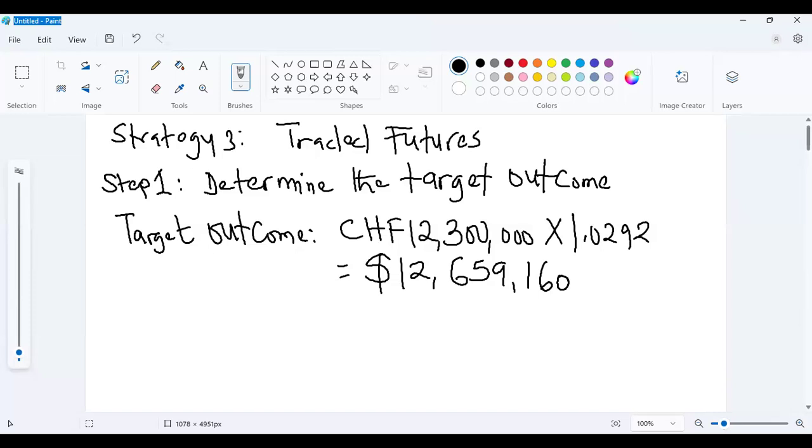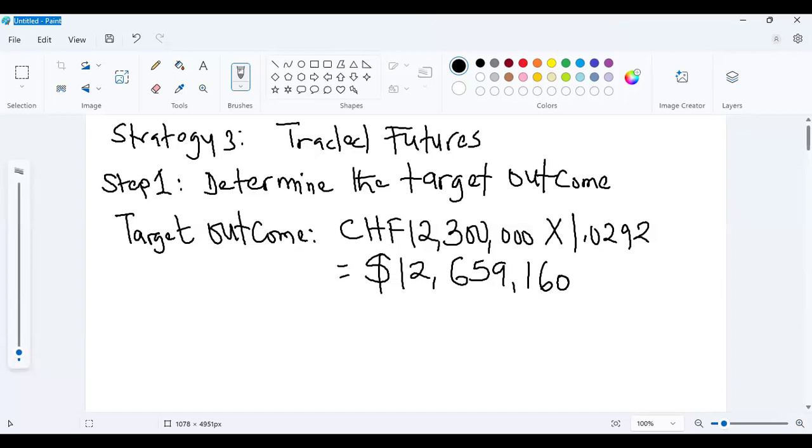So the target outcome is we must make sure that if we get the CHF in 6 months and we convert to dollar, we must not receive less than 12,659,160. If you receive more, we are better off. But we must not receive less. This will be your step one.